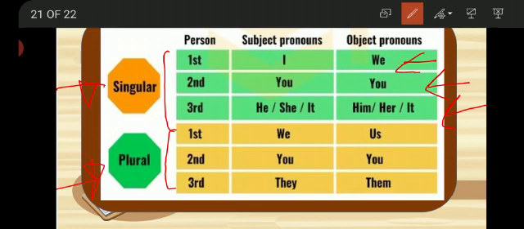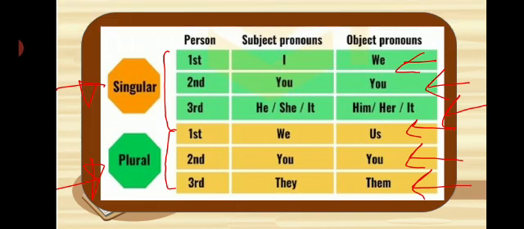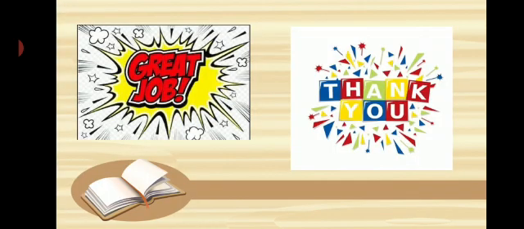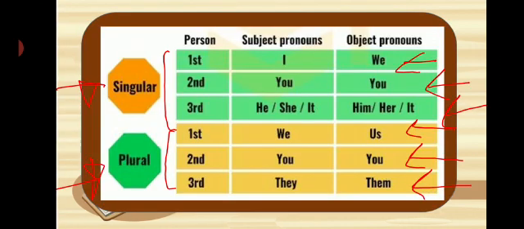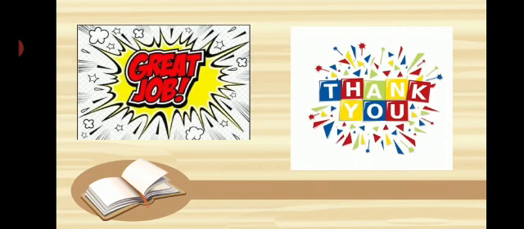And in the plural category, first person is we and us. You is again placed in the plural category, and they and them are in the plural category of the third person. Okay, students. Now I have these types of pronouns for you with respect to the number of person. Okay, I hope you have understood the concept very carefully.